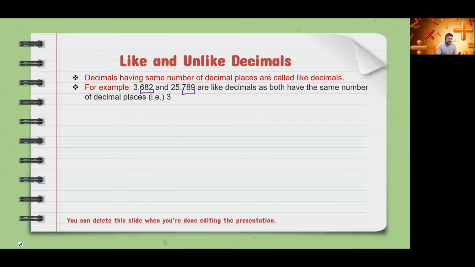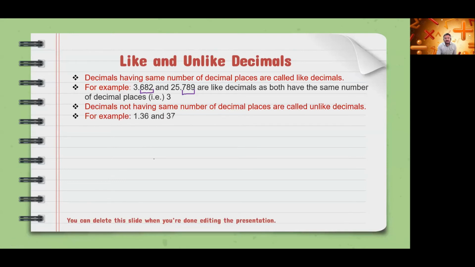Now see the next thing. Decimals not having the same number of decimal places are called unlike decimals. From an example, it will be more clear. Now see 1.36 and 37.878. After the decimal point, here there are two digits and here there are three digits. That means these two are unlike decimals.